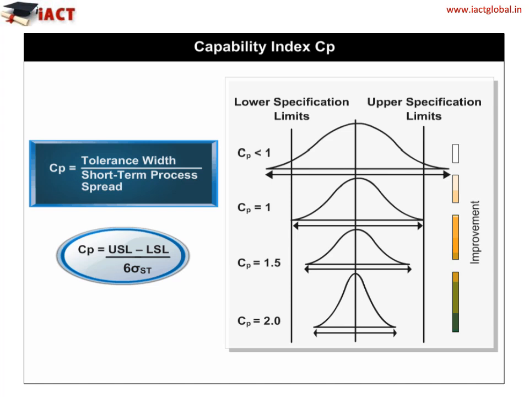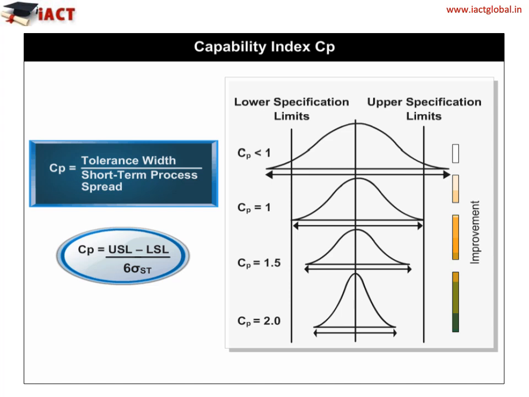Capability index, CP. Tolerance width is the distance between the upper specification limit, or USL, and the lower specification limit, or LSL. Short-term process spread represents 6 times the short-term standard deviation, or plus minus 3 sigma. CP is based on several assumptions and is used for continuous data.